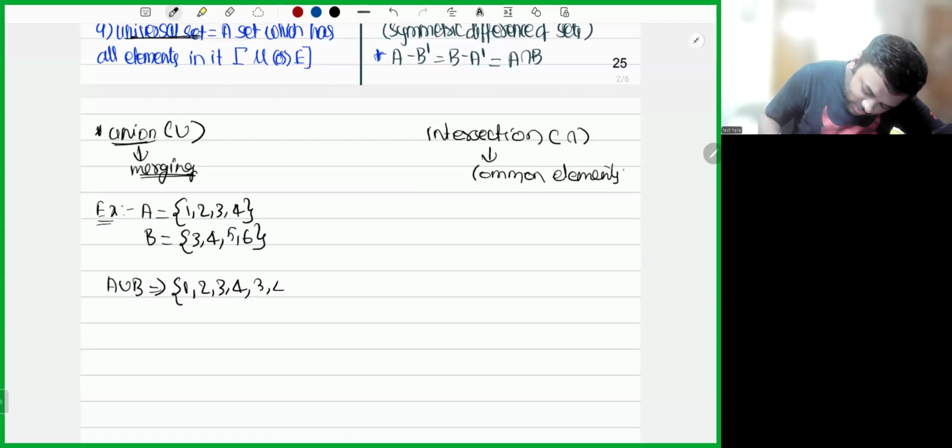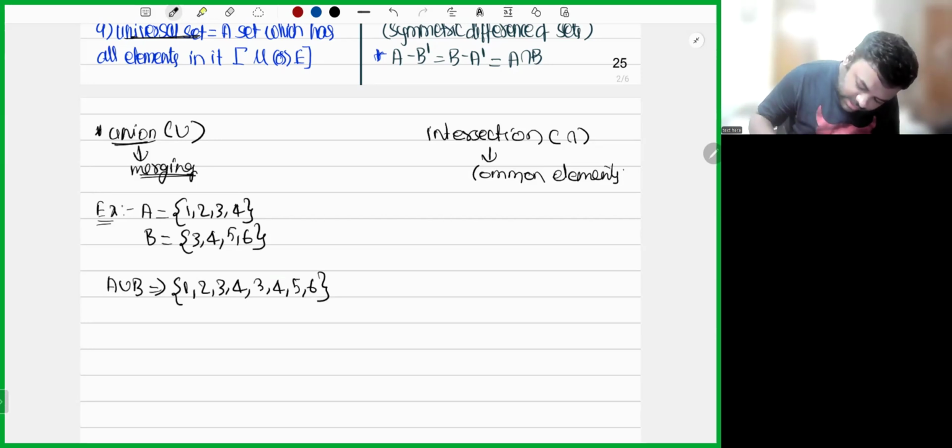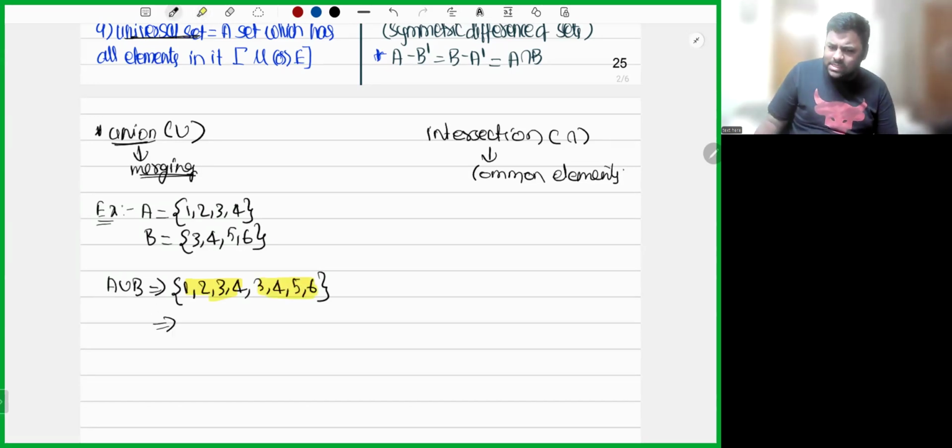Set B is 3, 4, 5, 6. I have merged them. Now, is repetition possible? Obviously, sir, repetition is not possible. So 1, 2, 3, 4, 5, 6. So A union B is 1, 2, 3, 4, 5, 6.